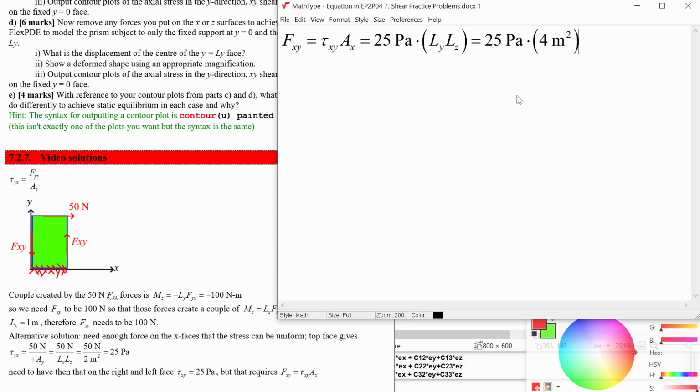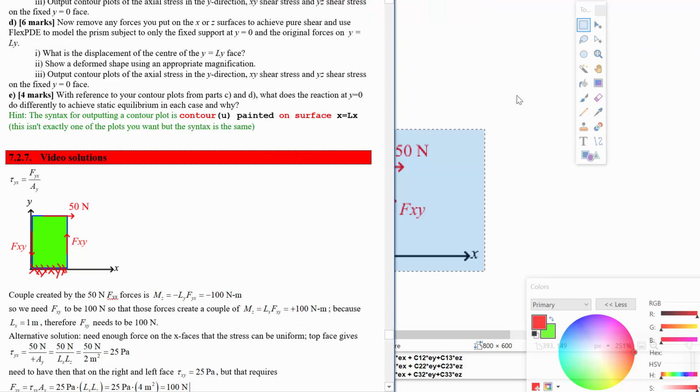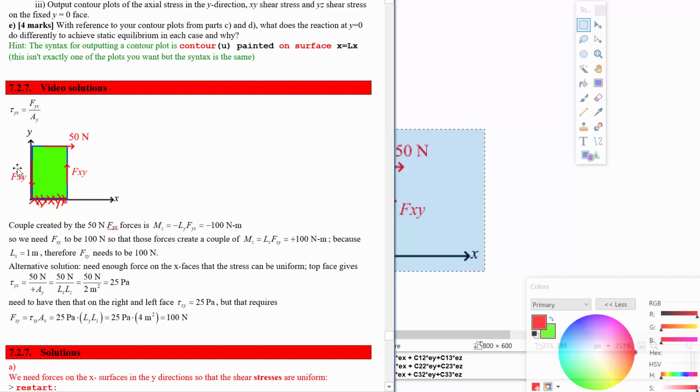And that again gives us 100 newtons. So conceptually, we can say that because these faces are twice as close together as these faces are, you need double the force on them to produce the same couple and put this in static equilibrium. And that means that you need exactly the same stress on this side as you have on the top.